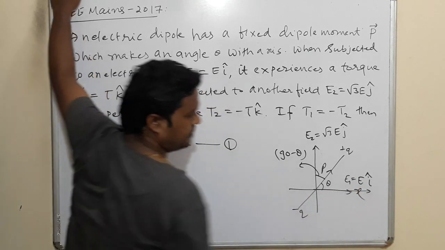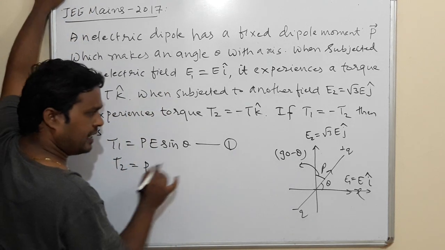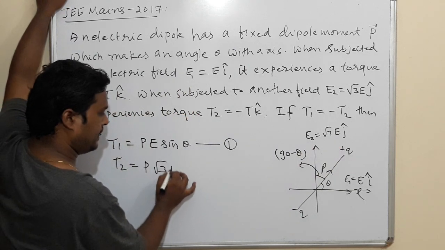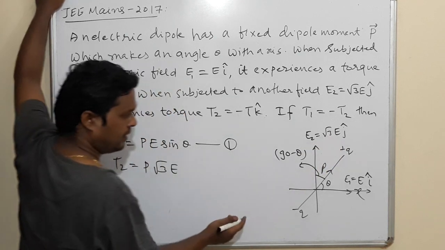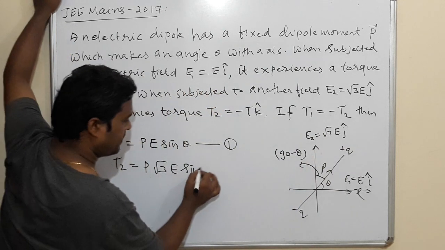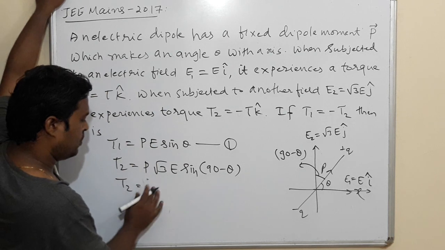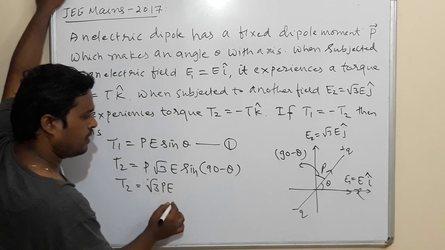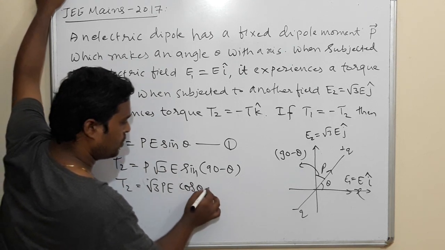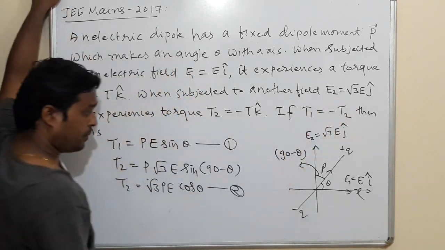Then torque 2 is P, again the same P, with E being root 3 E, and the angle between dipole and field is 90 minus theta. So this torque will be root 3 PE sin(90 minus theta), which is root 3 PE cos theta. Second equation.